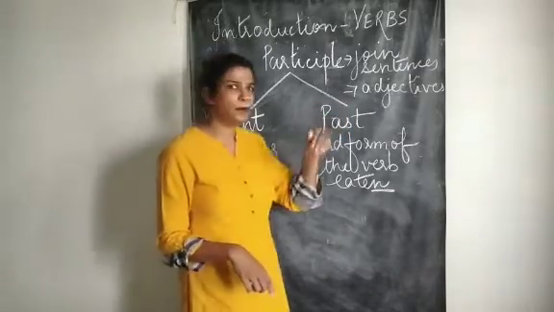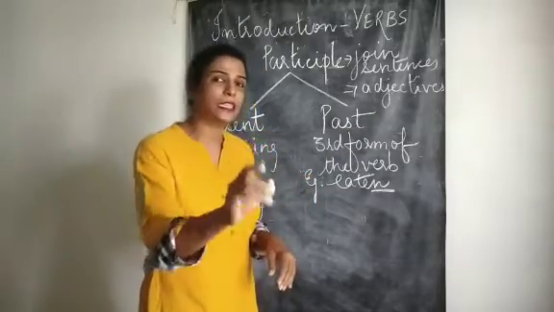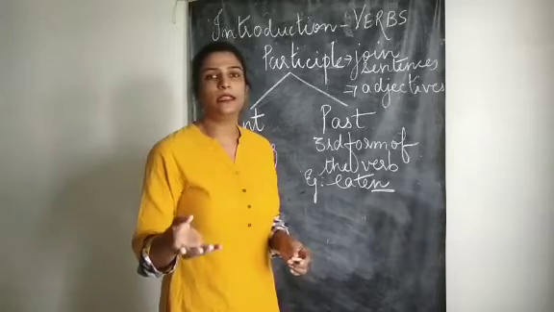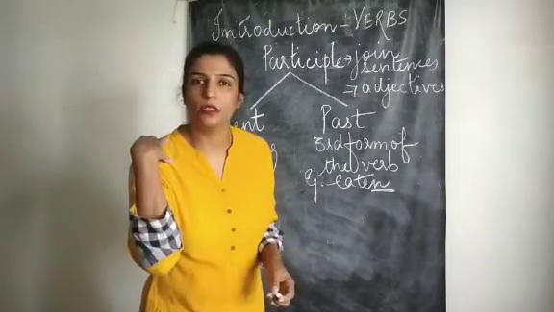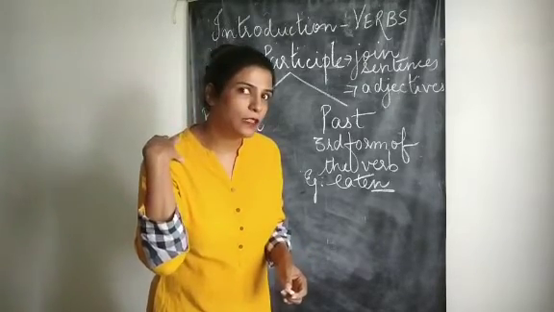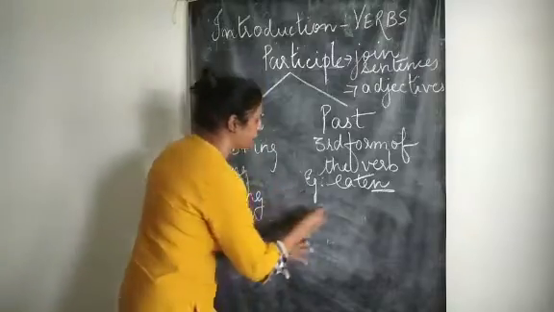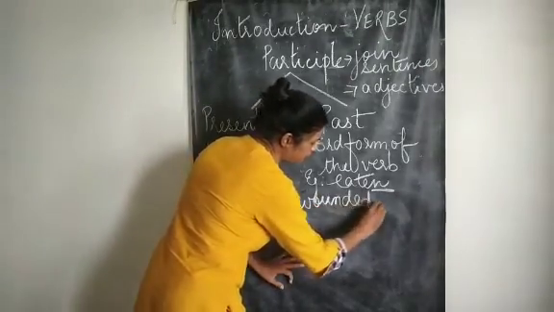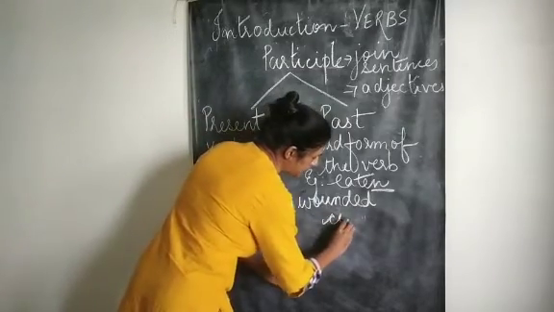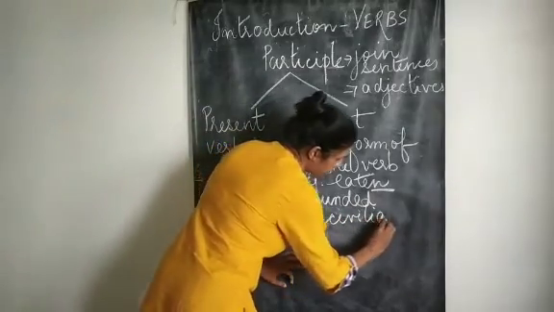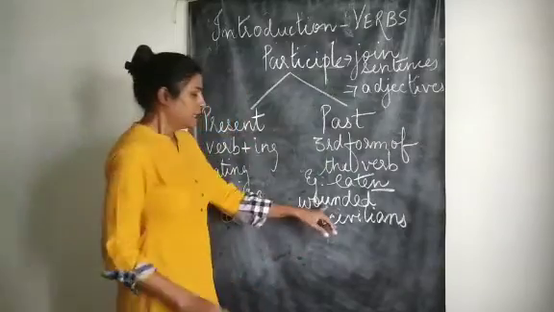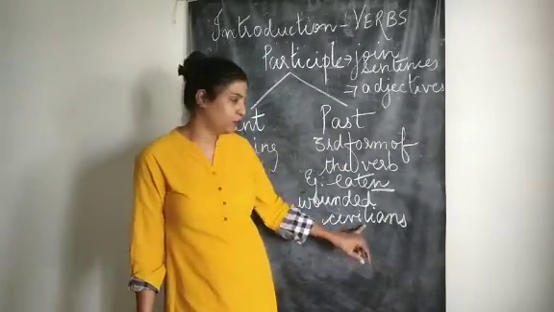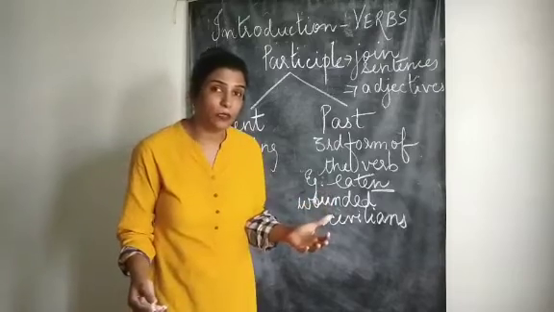Let's take the example of the past participle in the adjective form. The soldiers carried the wounded civilians on their shoulders. What kind of civilians? Wounded civilians. So this is the third form of the verb. Now that comes as a past form which is actually qualifying the noun over here. What kind of civilians are we talking about?